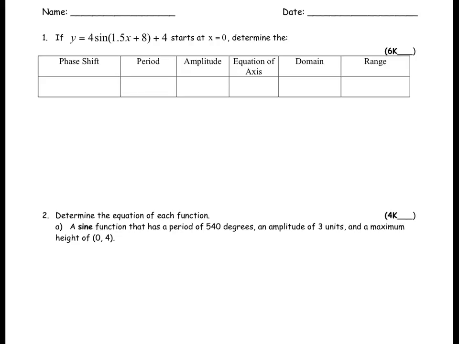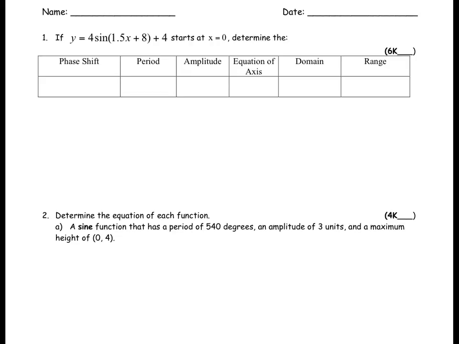The next question says, if y is equal to 4 sine (1.5x + 8) plus 4, and it starts at x equal to 0, we have to find the following. First of all, it asks for phase shift.